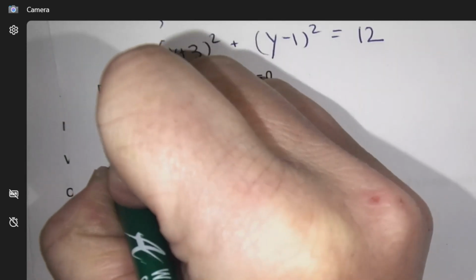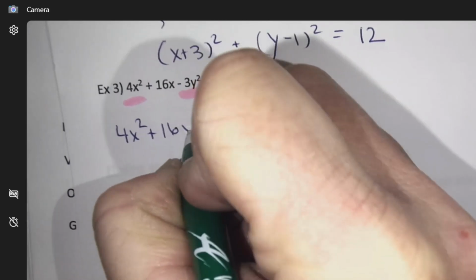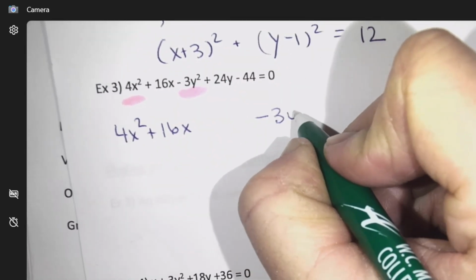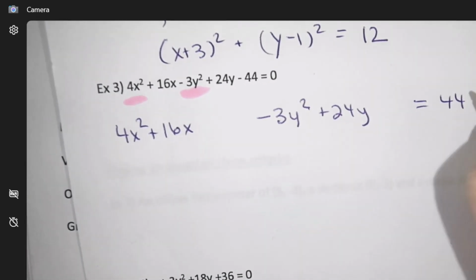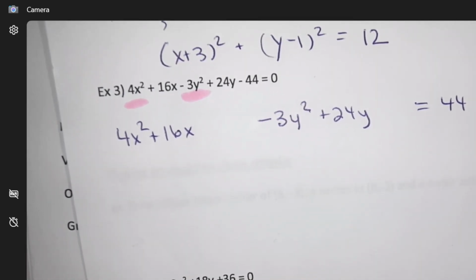Okay, so I'm going to go x grouping, y grouping, move the number. X groups, y groups, move the number.